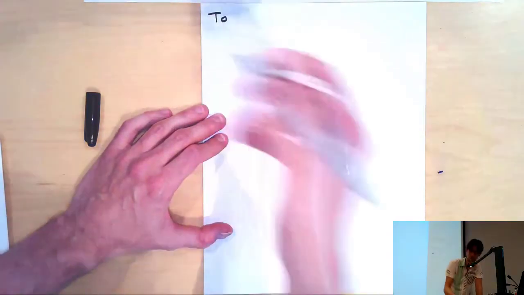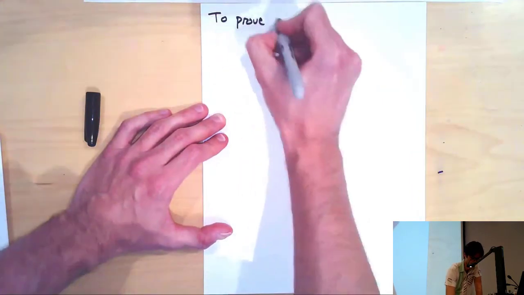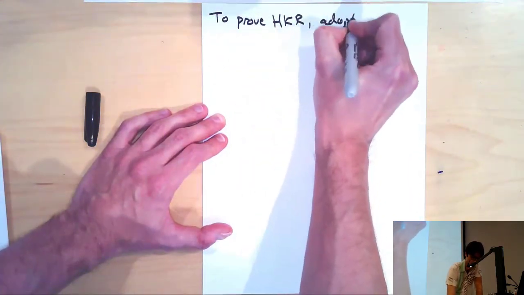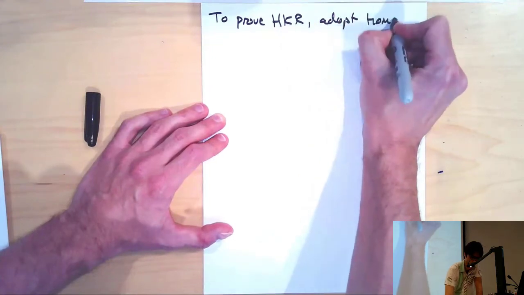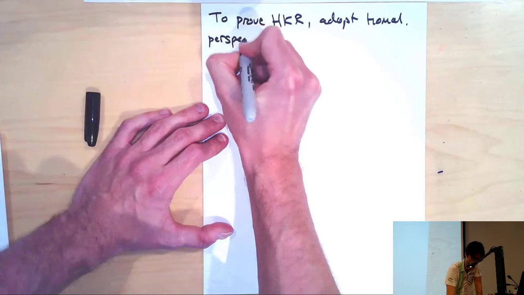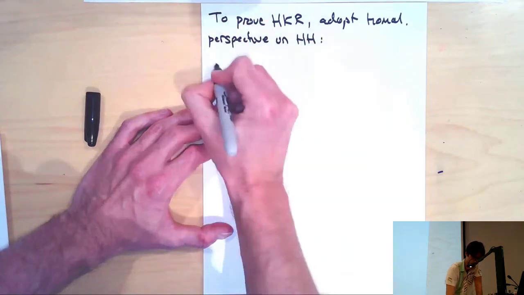So first one adopts a slightly different point of view on Hochschild homology. To prove this HKR theorem, we adopt, let's say, a homological perspective on HH as follows.